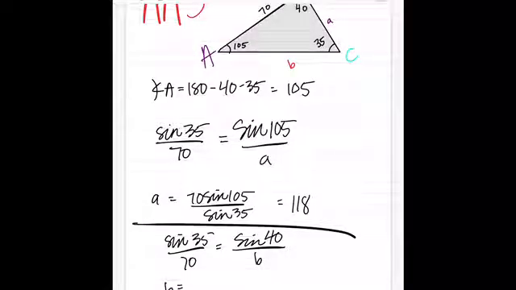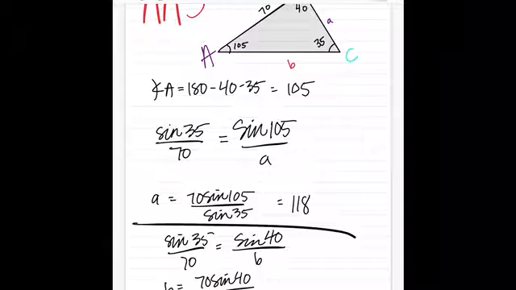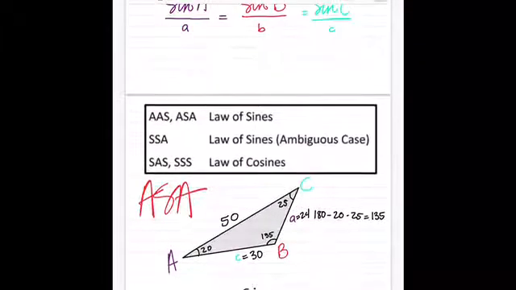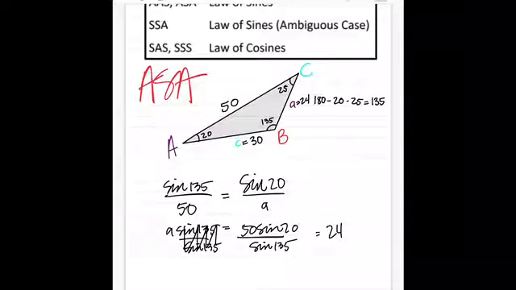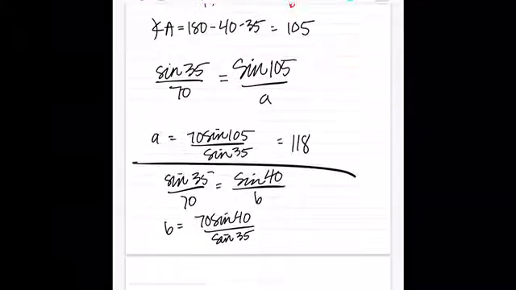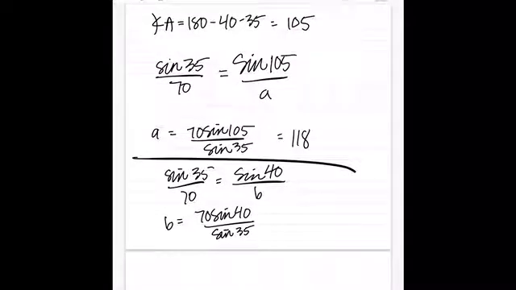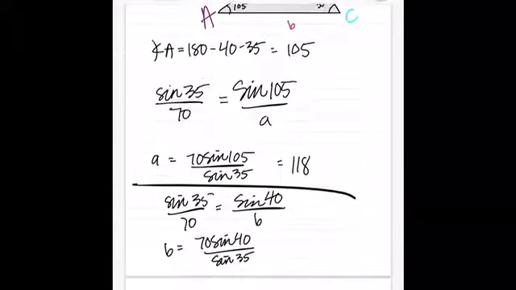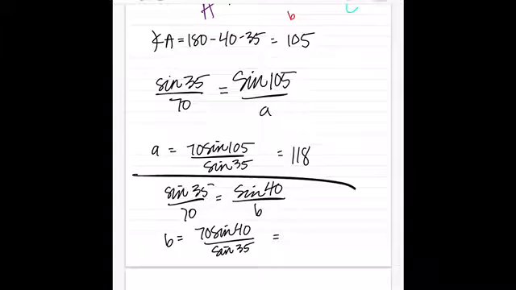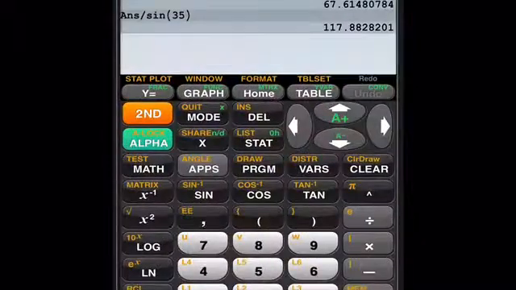B is equal to 70 sine of 40 divided by sine of 35. Okay, so new calculator, that's going to be 70 sine of 40.